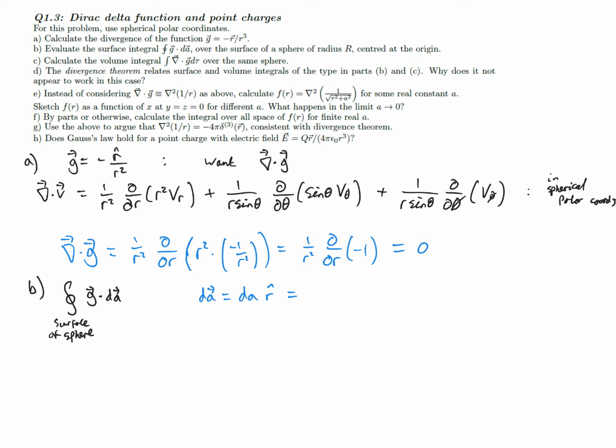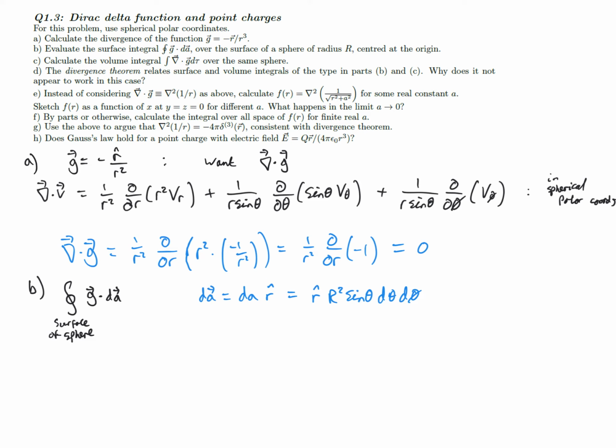So let's write this in terms of r hat times r squared sine theta d theta d phi. So this is the area integral on the surface of our sphere of radius r, and we have the angles theta and phi to parameterize it.